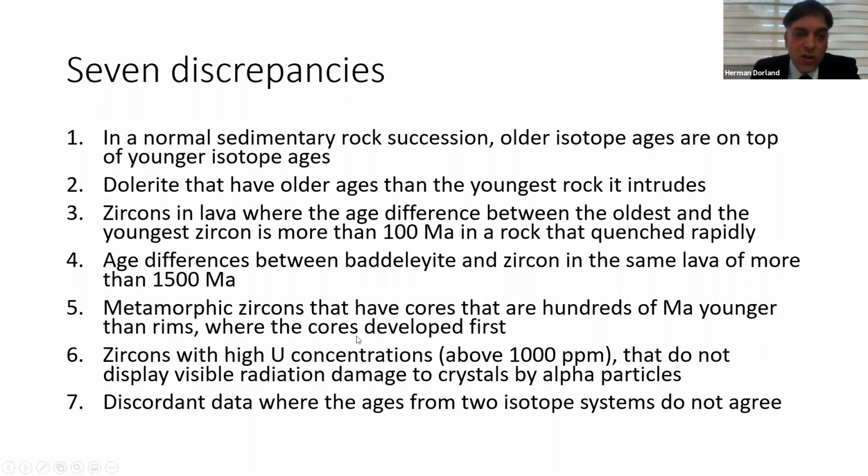I've shown you zircons with high uranium contents, but with very little decay damage, where one would have expected a lot of decay damage. And I've shown you that, depending on the systems of parent and daughter elements you're looking at, there might be discordancy or concordancy in the same analytical spot.